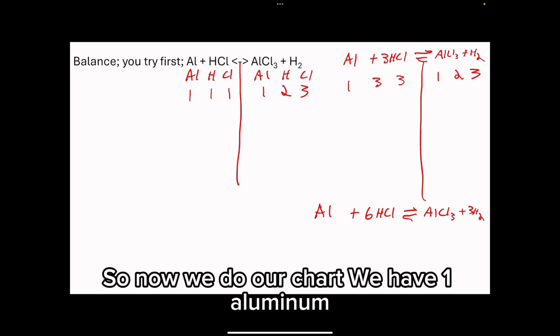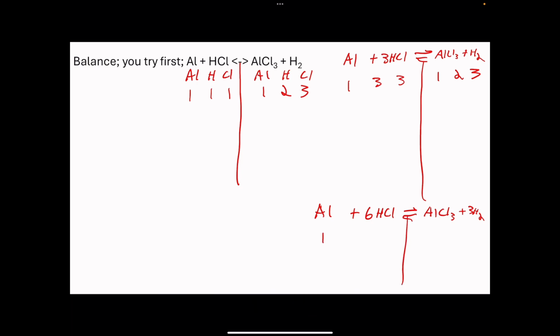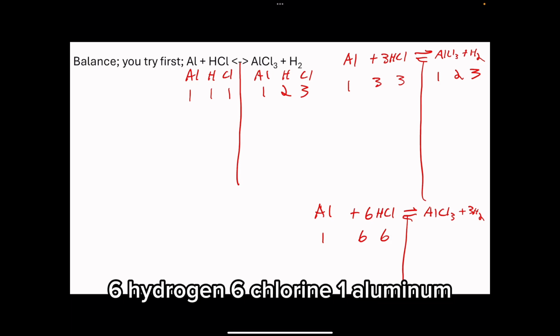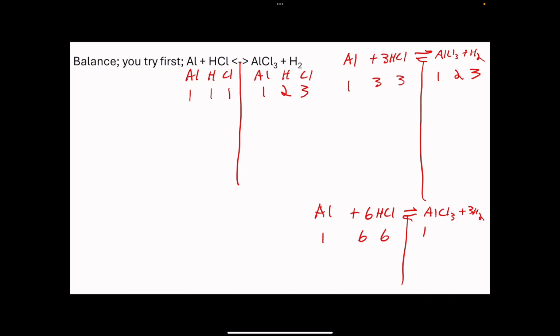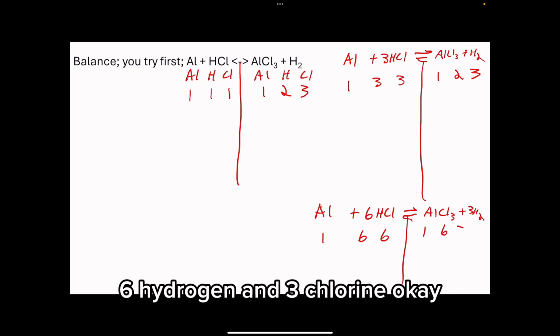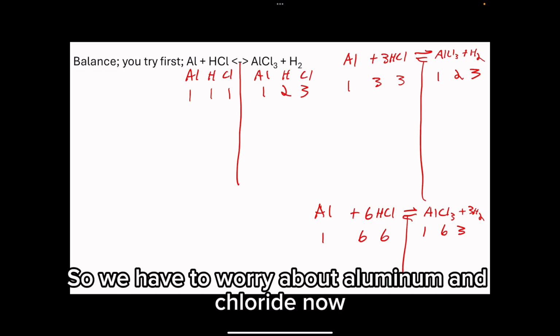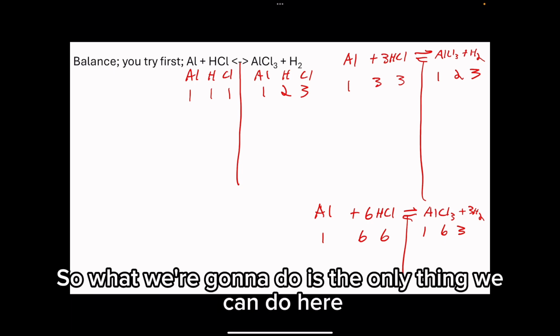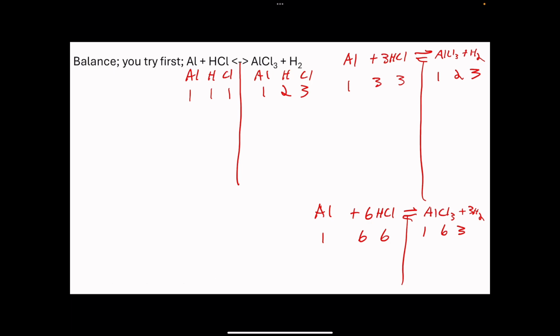So now we do our chart. We have 1 aluminum, 6 hydrogen, 6 chlorine, and 1 aluminum, 6 hydrogen, and 3 chlorine. So we have to worry about aluminum and chlorine now. We have 3 and 6.